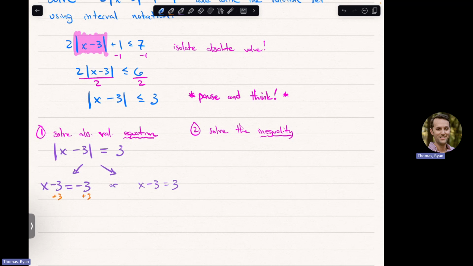Then just solve those, and I get 0 and 6. What this tells me is that if x is 0, then I get the absolute value of negative 3, which is 3. If x is 6, I get the absolute value of 3, which is 3.